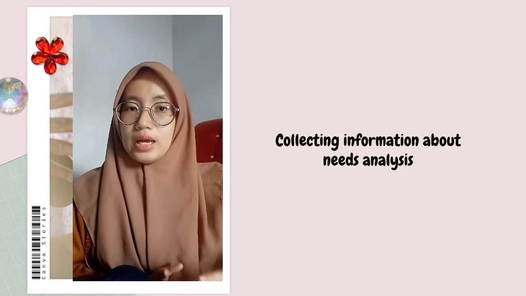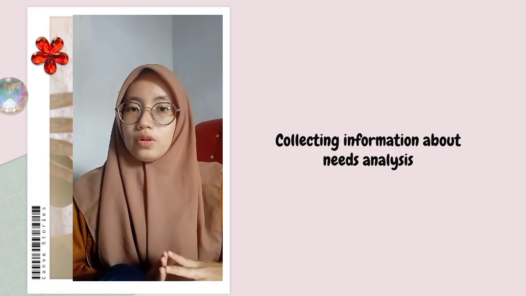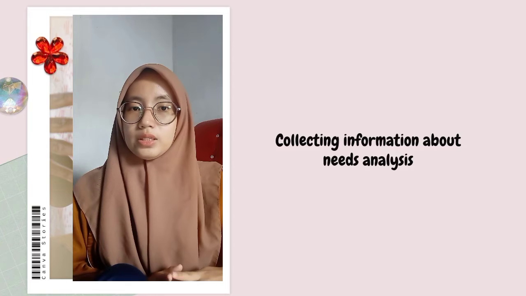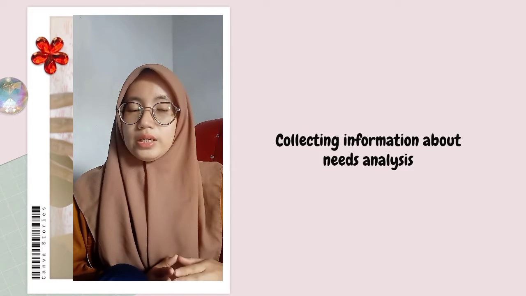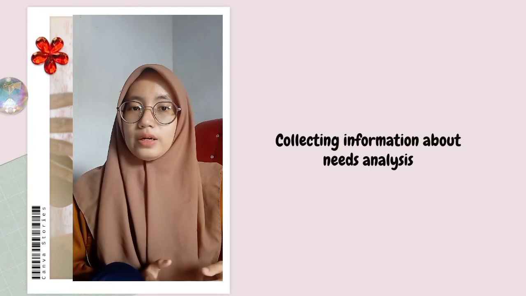The entire data is then analyzed to find out an inventory of the needs of the target group in language learning, which is then used as a basis for formulating the aims and objectives of learning and designing a speaking course syllabus.